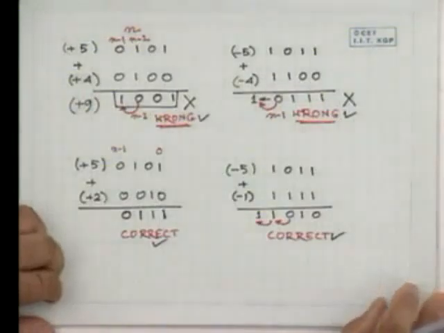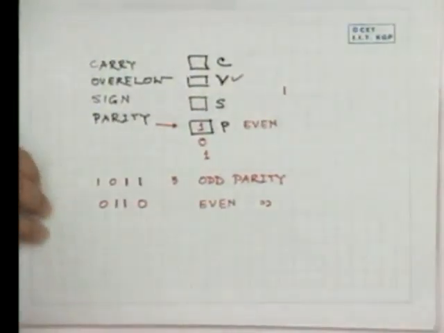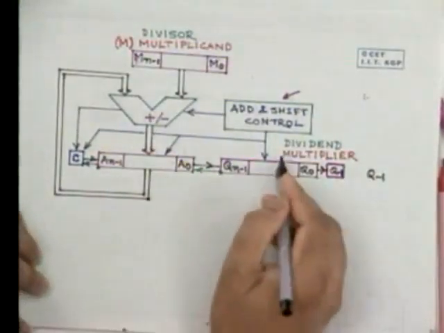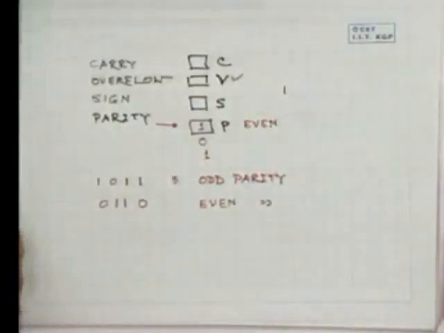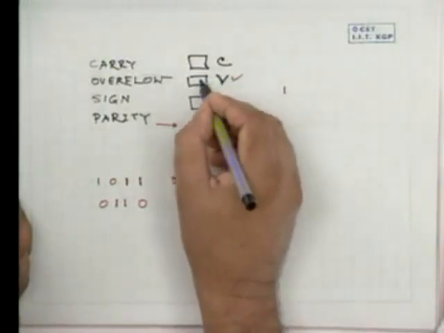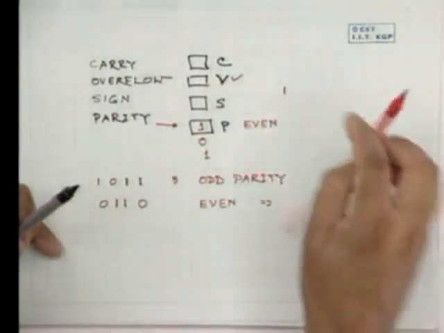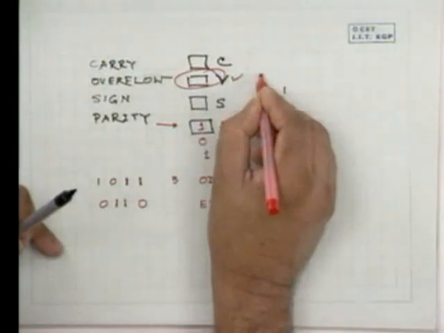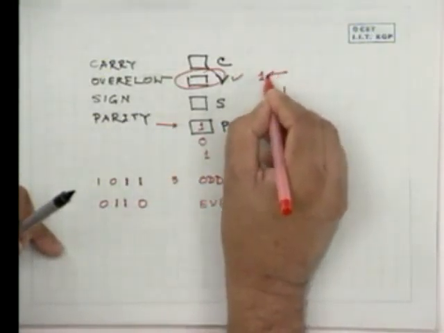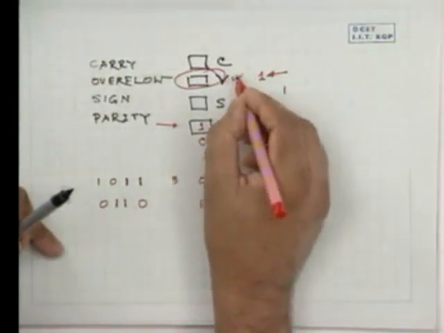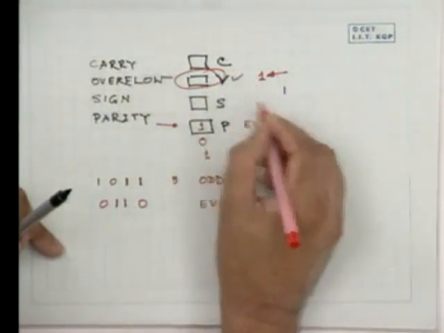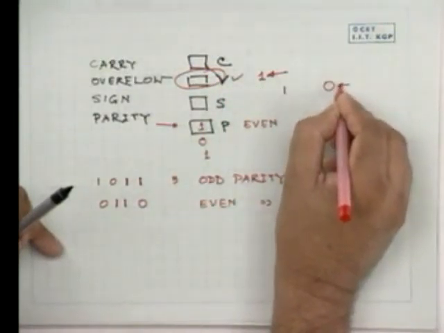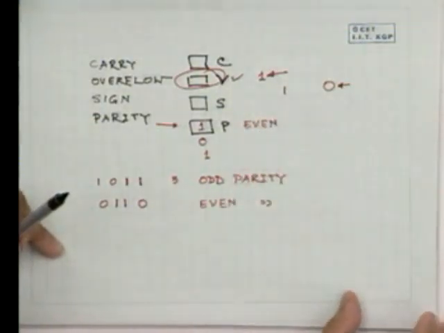Okay. Now, under that circumstance, this thing can be captured by the hardware and we can set the overflow bit to be 1 or 0 accordingly. 1 means an overflow has taken place, which means the result is wrong, and 0 means the overflow has not taken place, which means the result is correct.